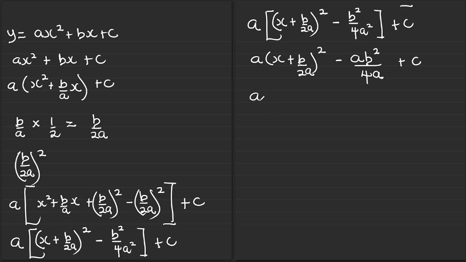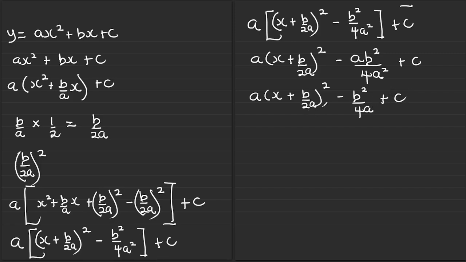So we have our a into bracket x plus b over 2a all squared. Then simplifying this, you see there is an a here that can take out one of the a's here. Remember, it was a squared, so we maintain our square. So one of these a's can reduce this by 1, so that instead of what we have here, we are going to get a negative b squared all over 4a, and then plus the c.